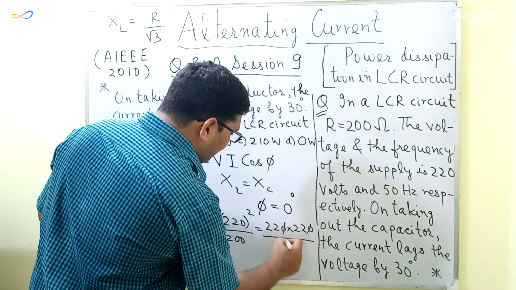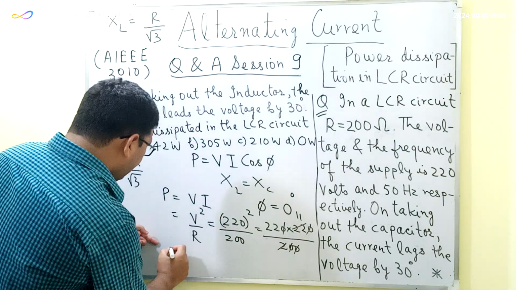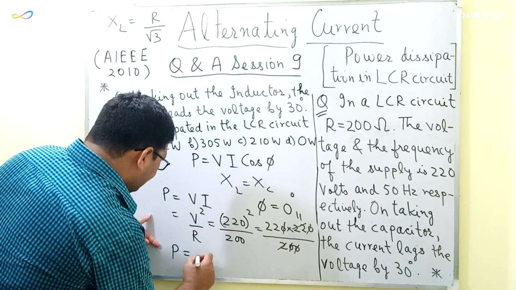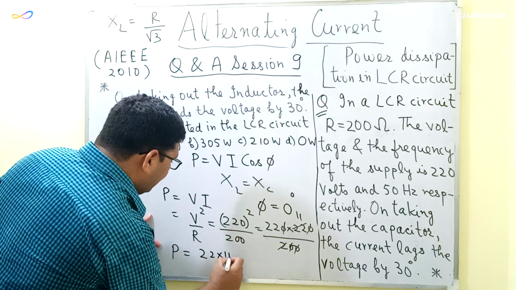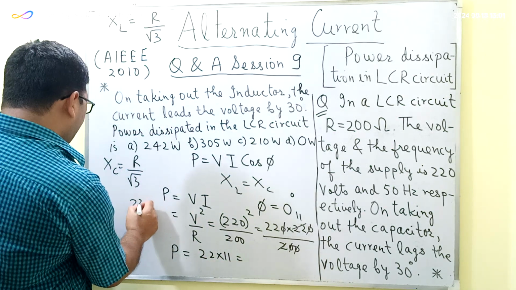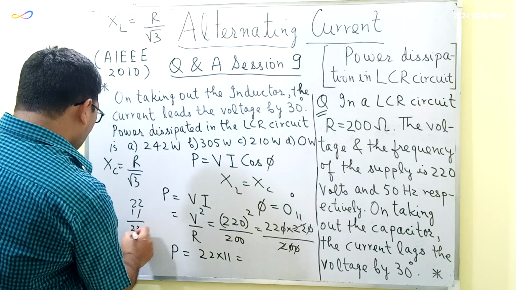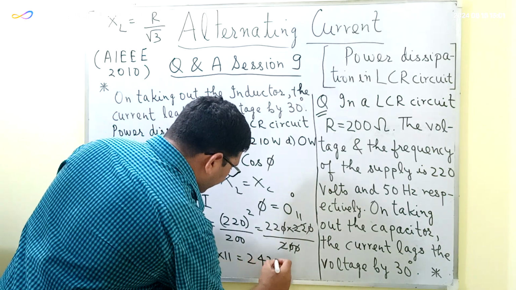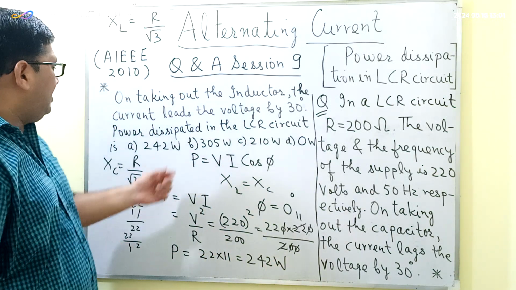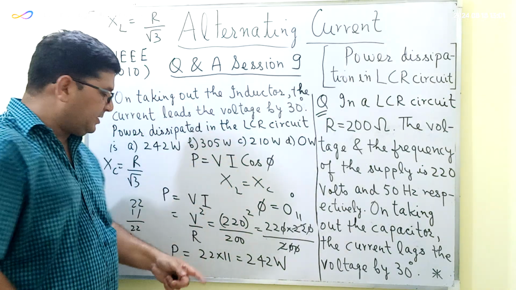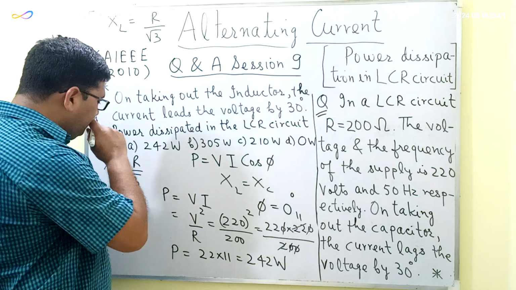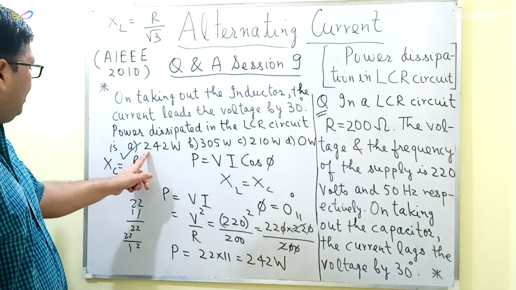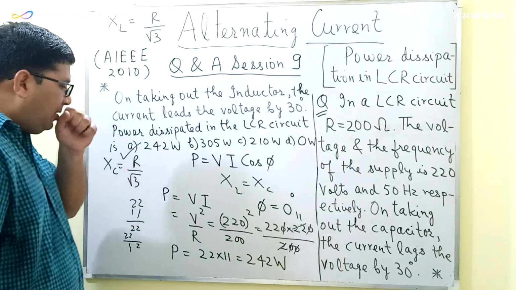So this will get cancelled out, and finally I am getting the value of the power dissipation in this LCR circuit as 22 into 11, which is equal to 242 watts. So the power dissipated in this LCR circuit is equal to 242 watts, and the correct option is A, that is 242 watts.